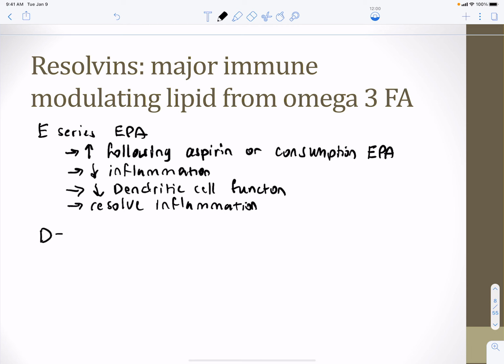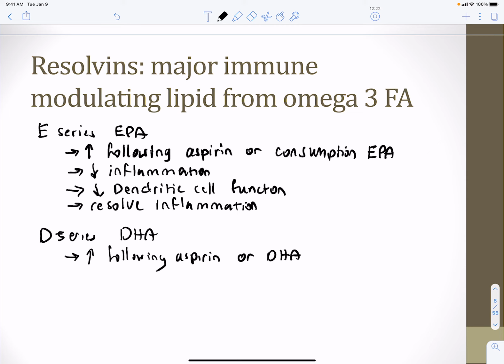Now your D series from DHA, this is going to again be formed in the presence of aspirin and DHA. Okay. These guys are actually going to, instead of block the activation of T cells, they actually block T cells in their function.